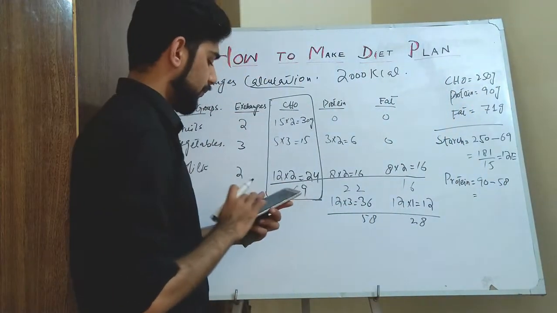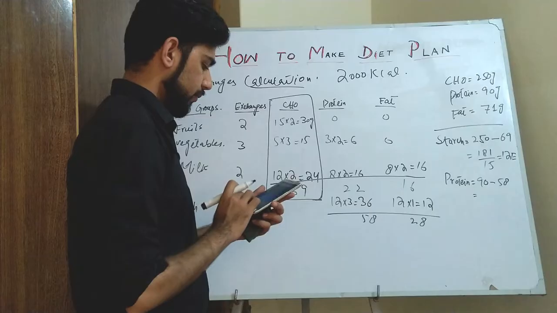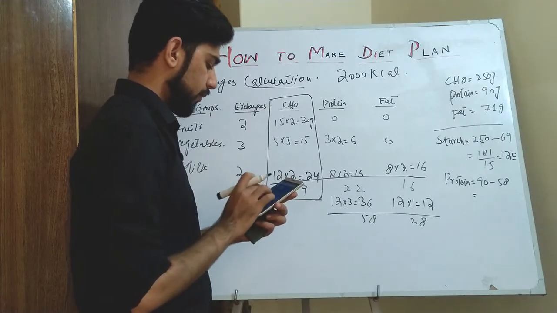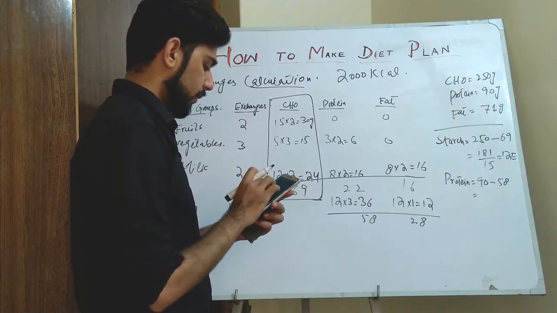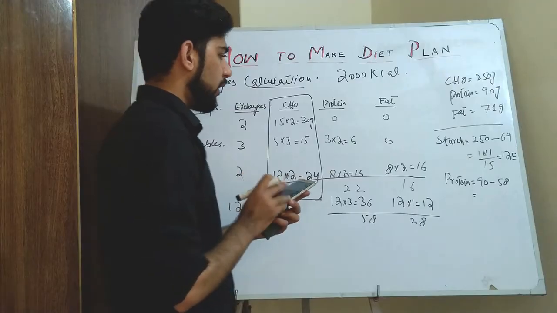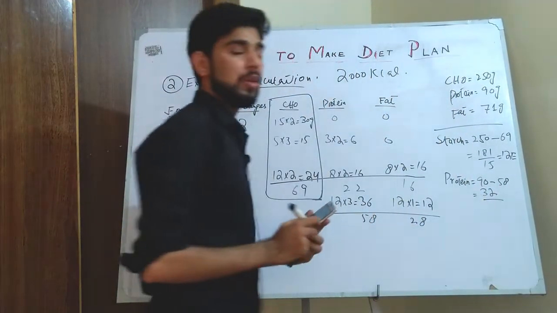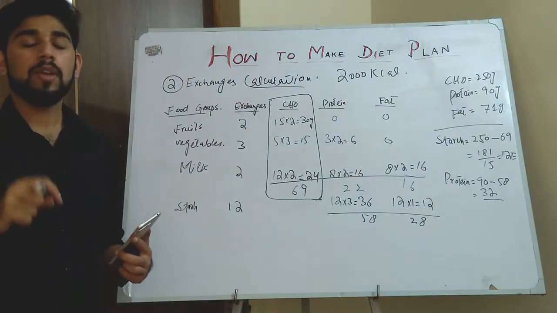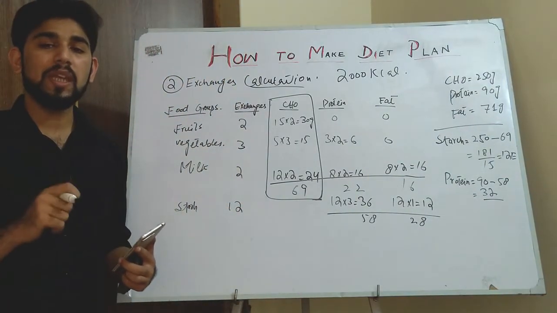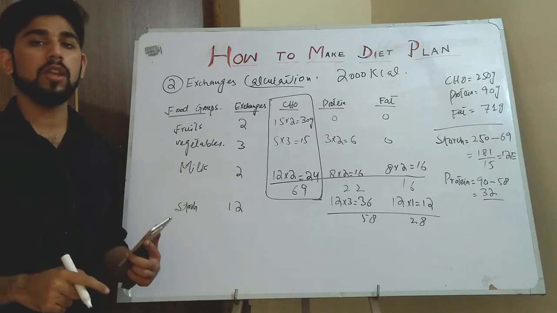So 90 minus 58, it comes 32, and we'll divide it by 7 because one exchange of meat gives you 7 gram protein.